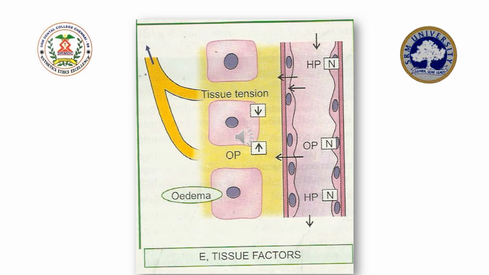So in this mechanism, the tissue factor, along with the other mechanisms, plays a role in causation of edema. That is, there will be elevation of oncotic pressure of the interstitial fluid as well as lowering of the tissue tension. Examples of this are the loose subcutaneous tissue of the eyelid and external genitalia.